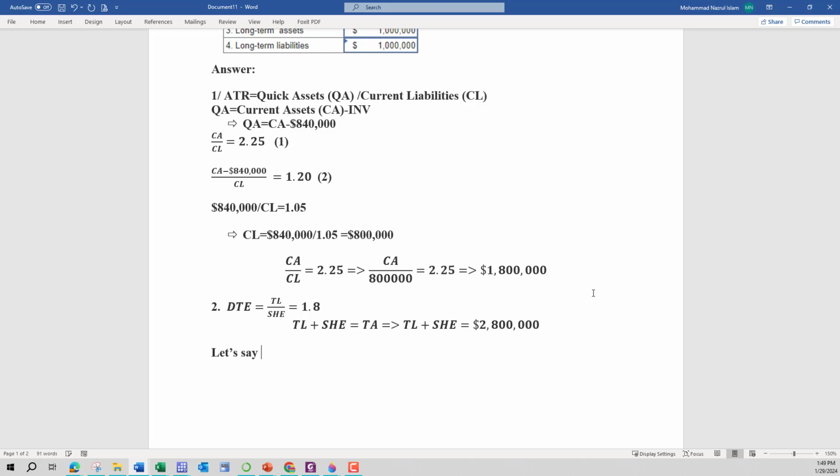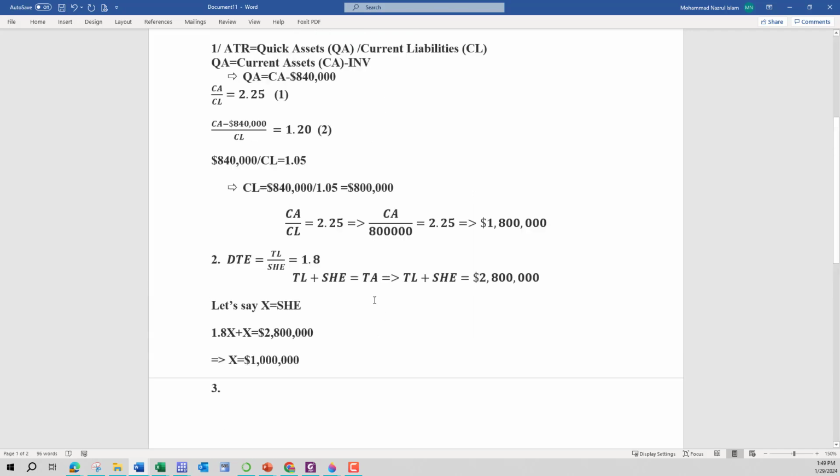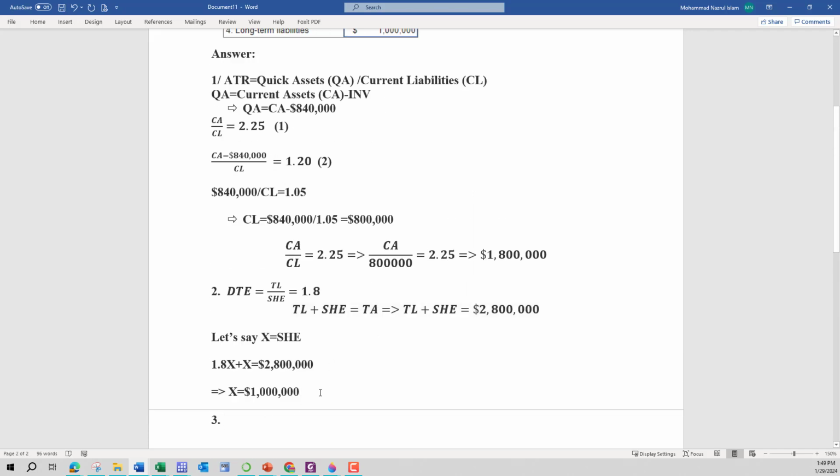Let's say X is equal to shareholders' equity. Now 1.8X plus X is equal to 2,800,000, so X is equal to 1 million.